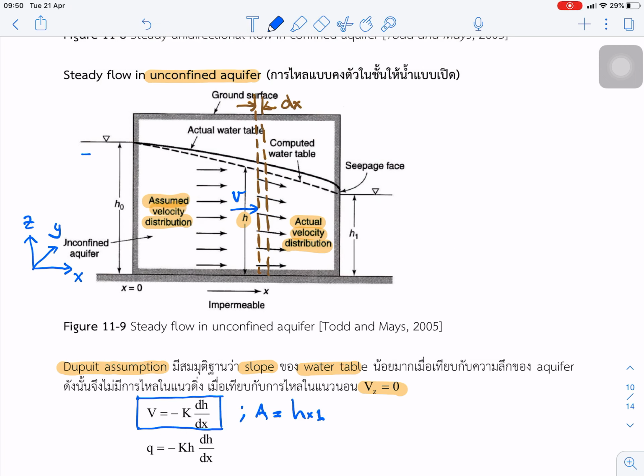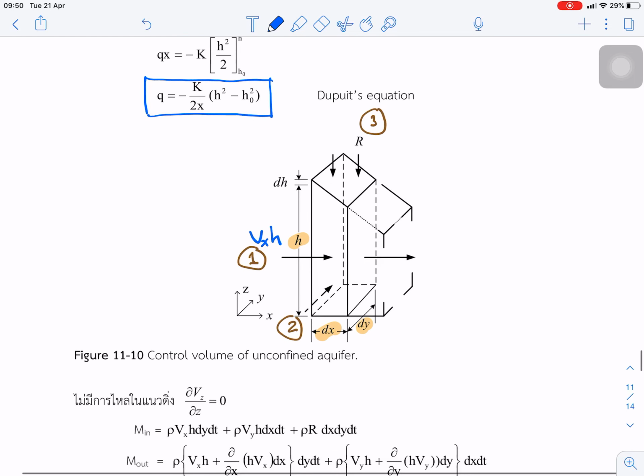If this level changes, the water level will be changed. So we expect that h can change with the boundary condition. So in this case, not only the velocity Vx but h can change. So the outflow from this element can change with both the velocity and h, so we can write it in terms of the partial differential form.